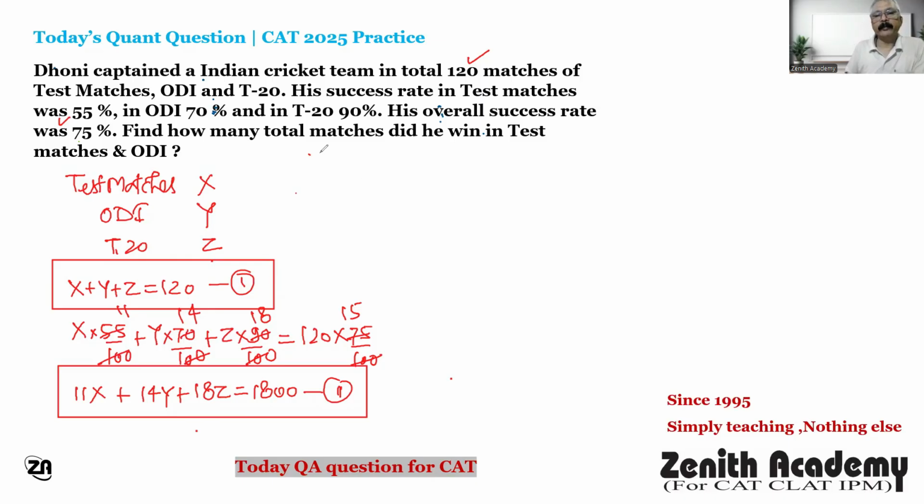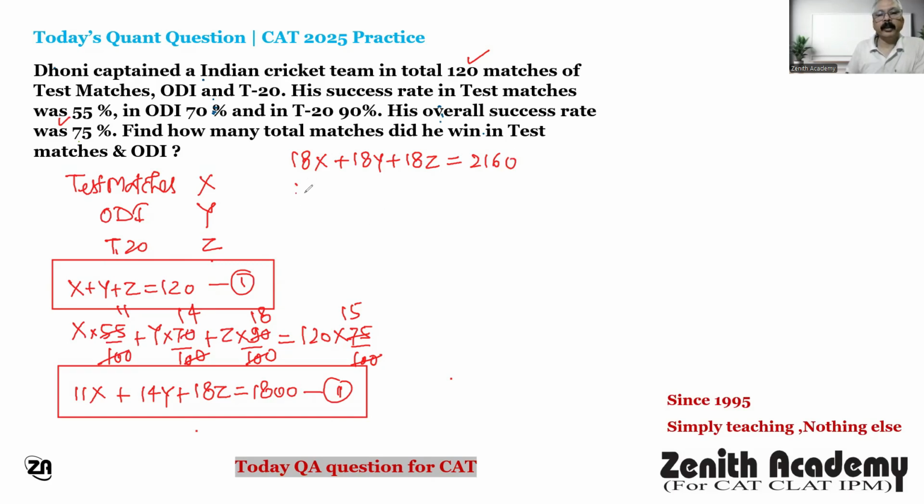So X plus Y plus Z is 120. Do one thing. If I eliminate one of the variables, like if I eliminate Z, then multiply equation number 1 by 18: 18x, 18y, 18z, and 18 into 120 is 2160.